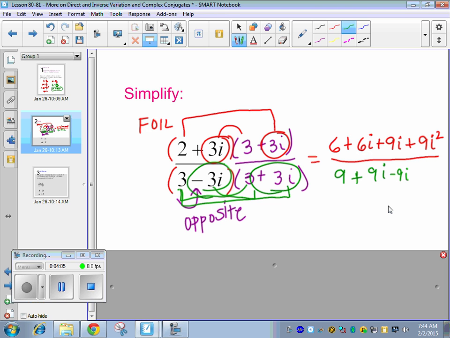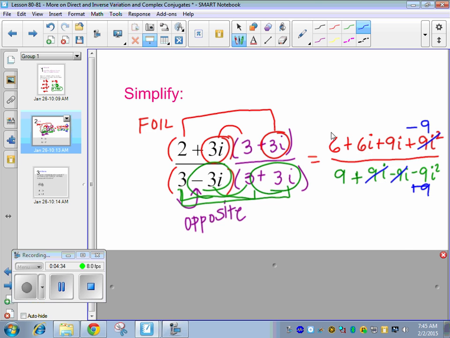So positive times negative gives me minus 9i squared. Okay, what always happens when we multiply by conjugates? Those middle terms cancel. Okay? And this i squared turns into negative 1, which gives us a negative 9 here. And this i squared turns into negative 1, which gives us a plus 9 for that piece.